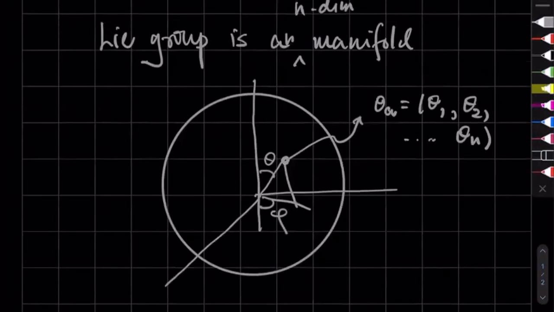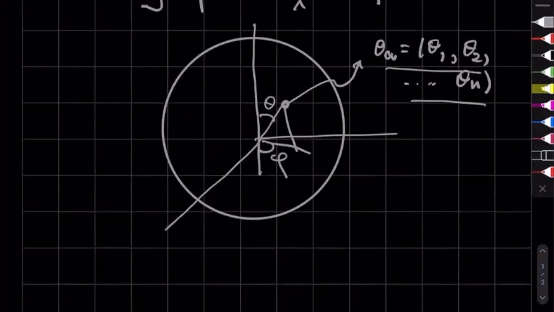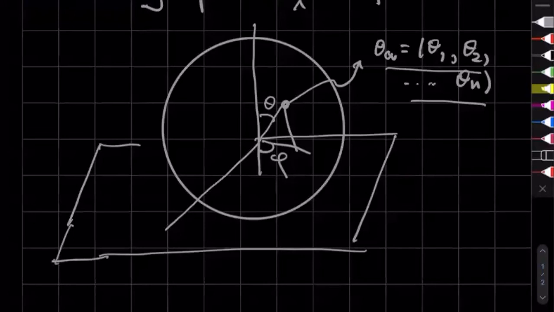So you can think of this as the coordinates. And the way that we generate these coordinates is we do some projection. We basically have some R^n and we do some projection. We saw the stereographic projection, right?